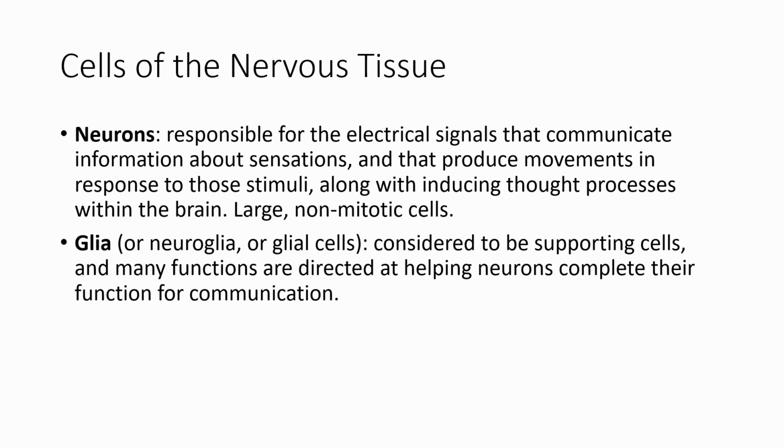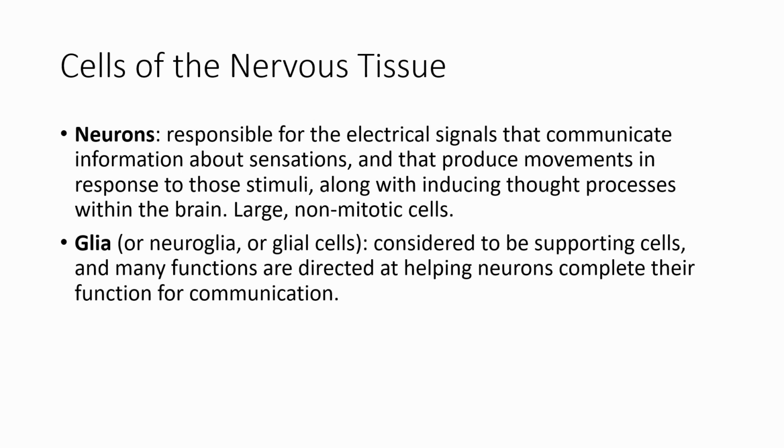So just as a reminder, neurons are responsible for sending electrical signals to communicate. What we call an action potential, right? It's an electrochemical signal, an electrochemical current that is transmitted throughout the neuron to communicate with something else. This is what's going to be used to communicate about sensations.